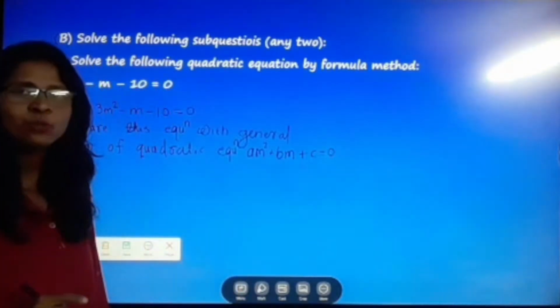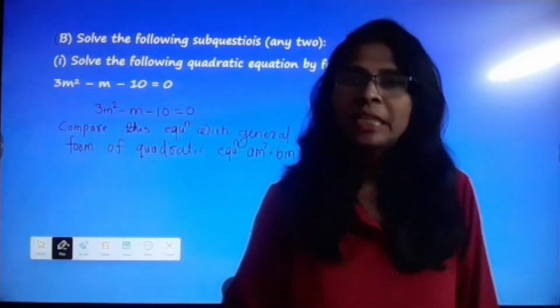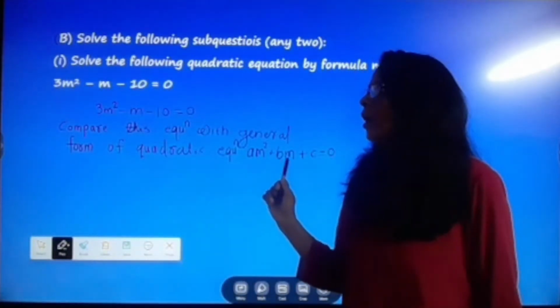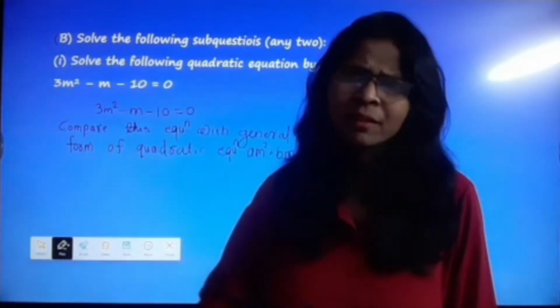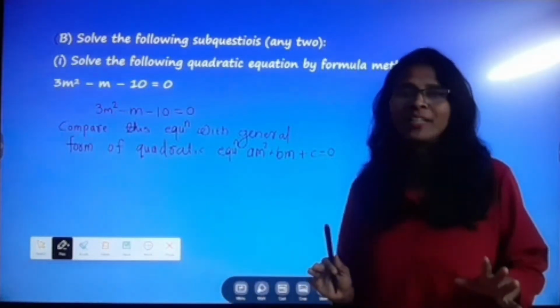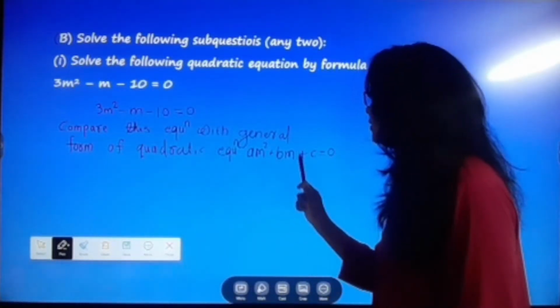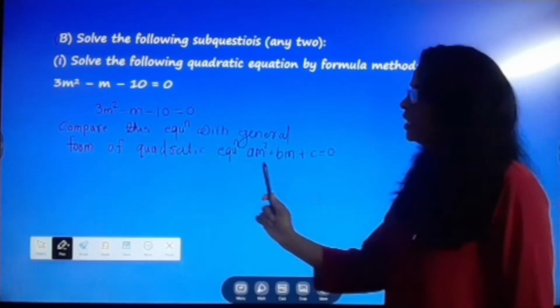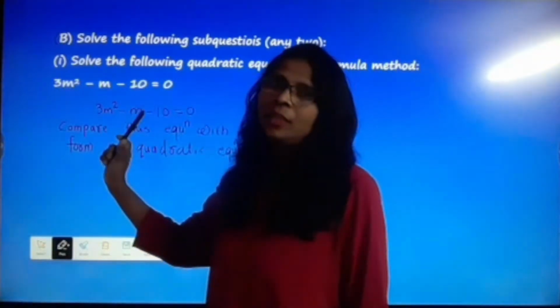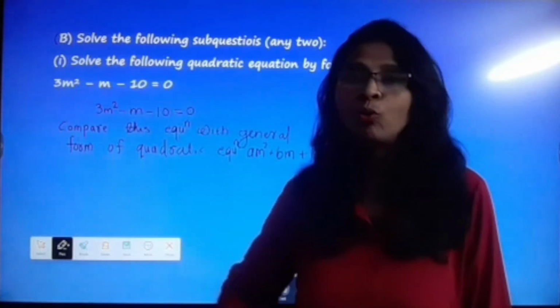Now here students, I write the general form in the variable m. Many teachers forget to use the same variable, because the given quadratic equation is in the variable m.